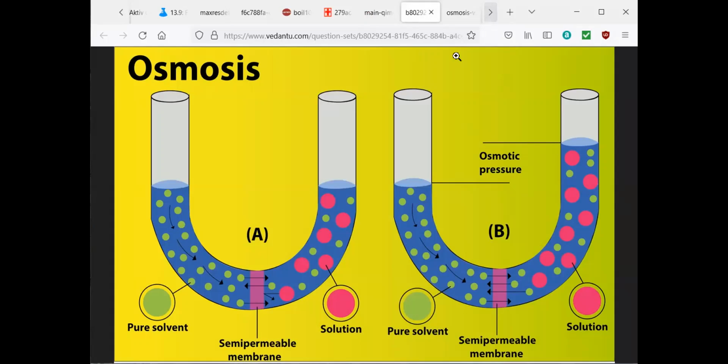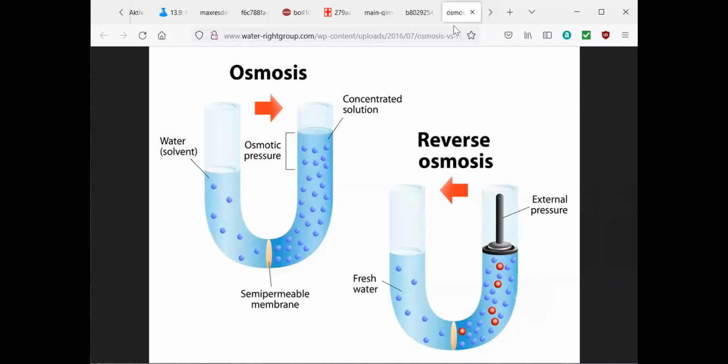Now, when we take a look at osmotic pressure, this is the opposite of trying to obtain fresh water, right? So you get your concentrated solution. We try to basically get it to the point where it's as dilute as possible. And then why does it stop?